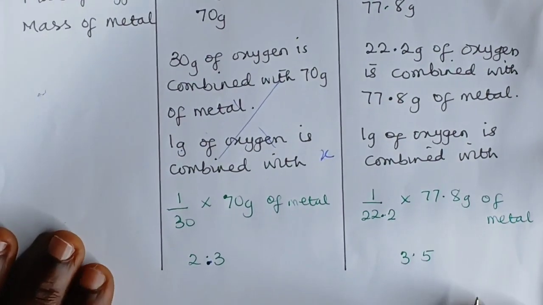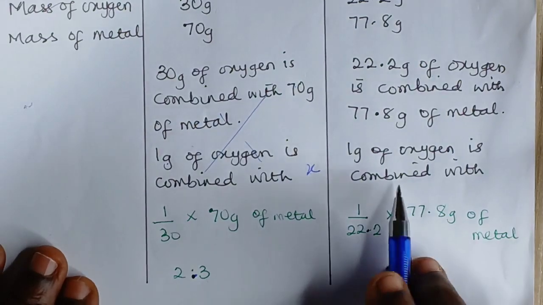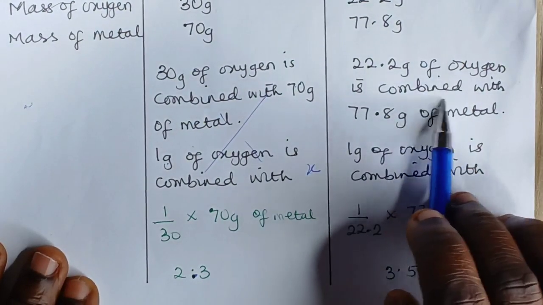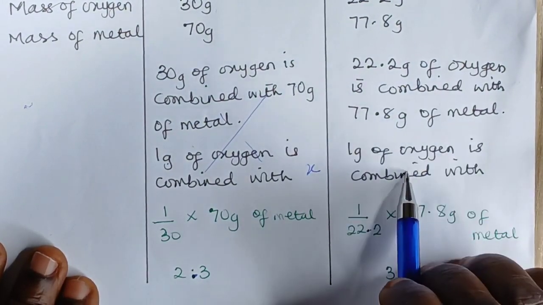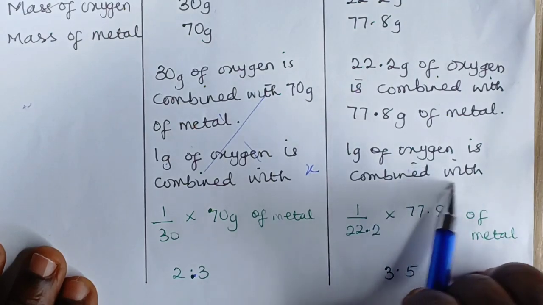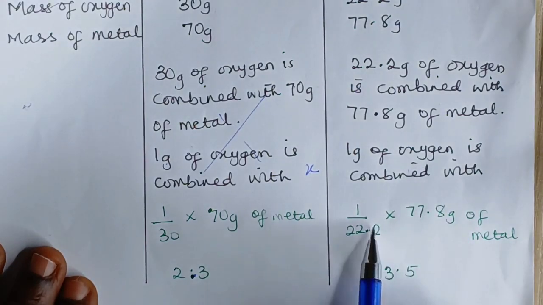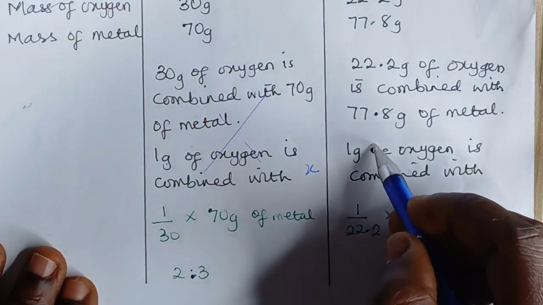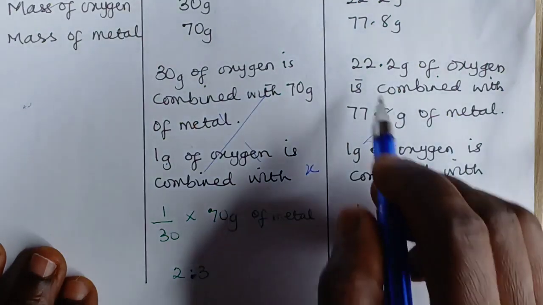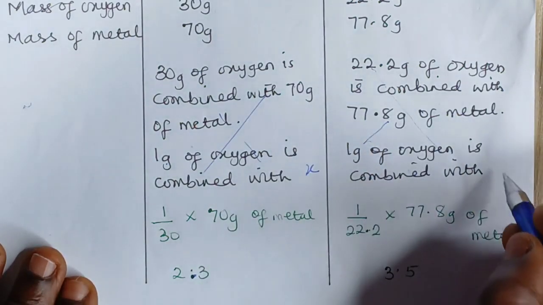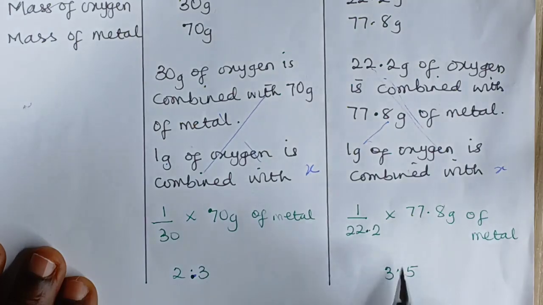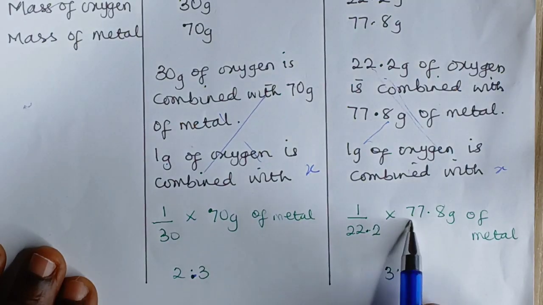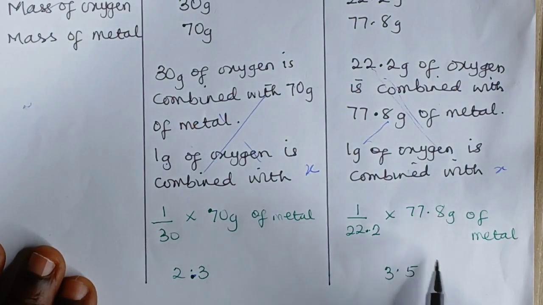And on the other hand, if you do the same, if 22.2 gram of oxygen is combined with 77.8 gram of metal, 1 gram of oxygen will combine with what? So we have 1 gram multiplying 77.8 and 22.2 gram multiplying X. So when this happens, we have 1 times 77.8 divided by 22.2.